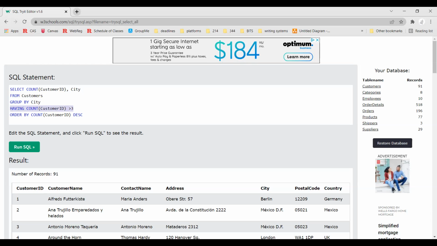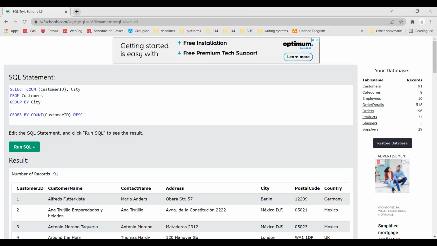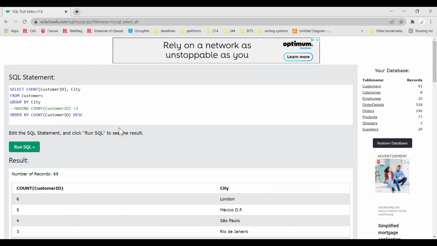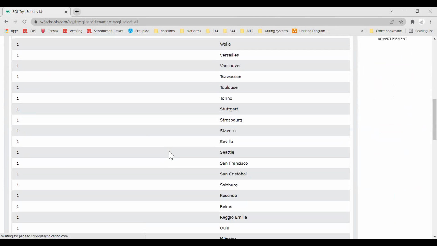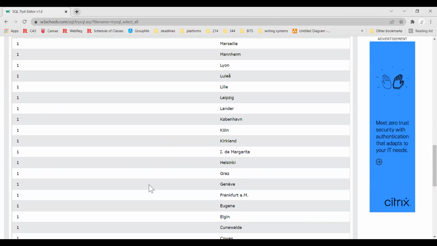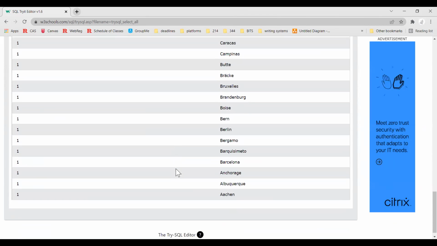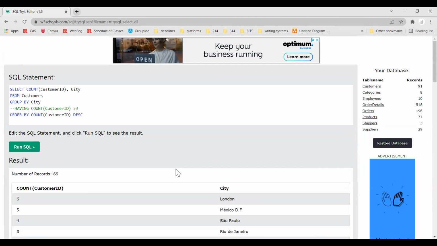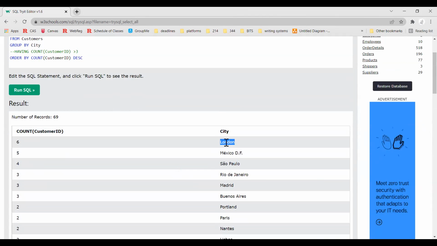We don't need this having thing anymore. Actually, we can just leave it there and comment it out. And have that. All right, I think that works. Yep. Lots of different cities in the world, so plenty of them only have one customer. But London has a lot of people.